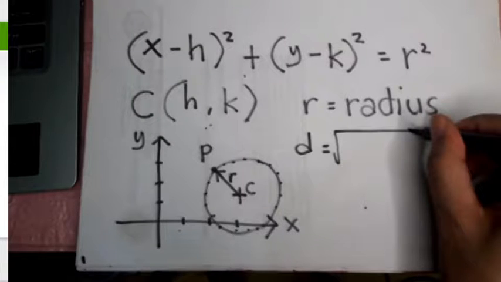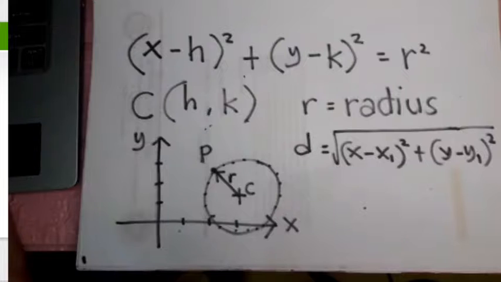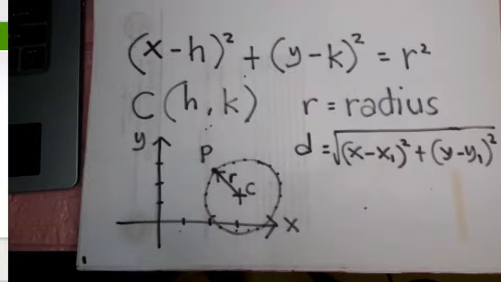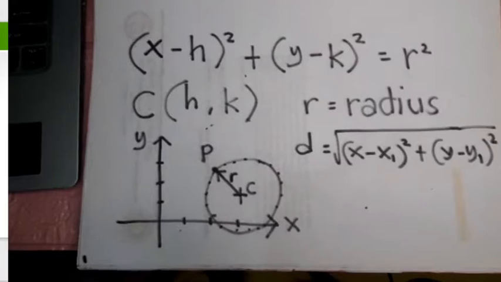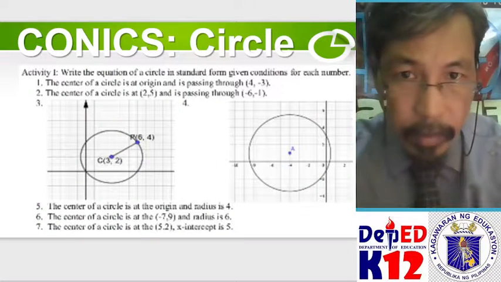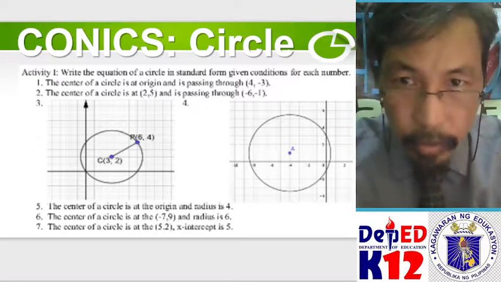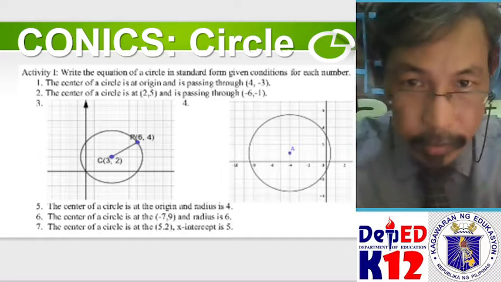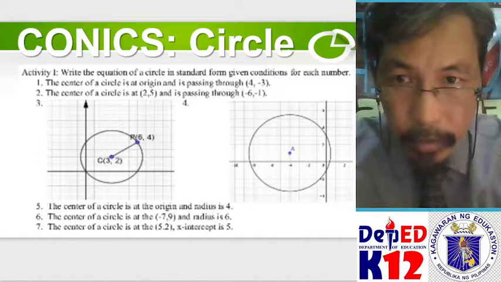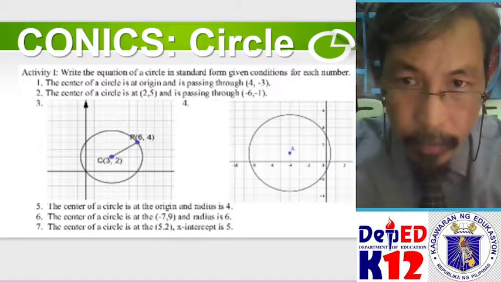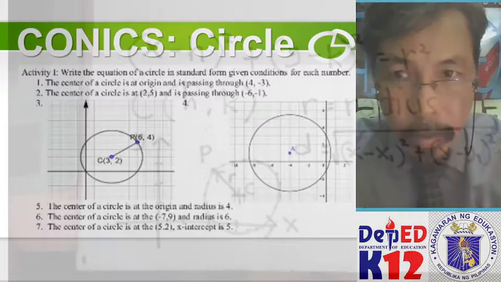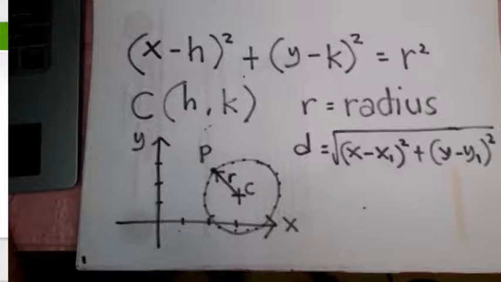So let us review what we have introduced. So we have conic circle, and we are going to use the standard form because it is required by the problem. In the standard form, it looks like this.